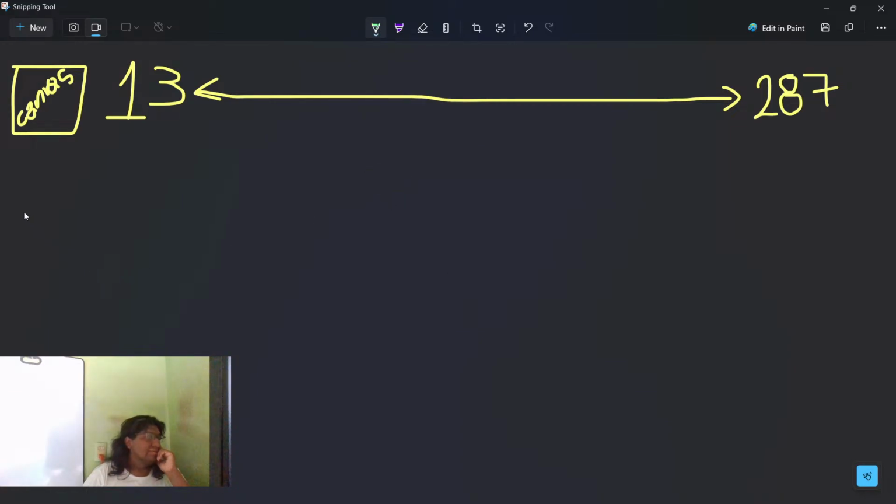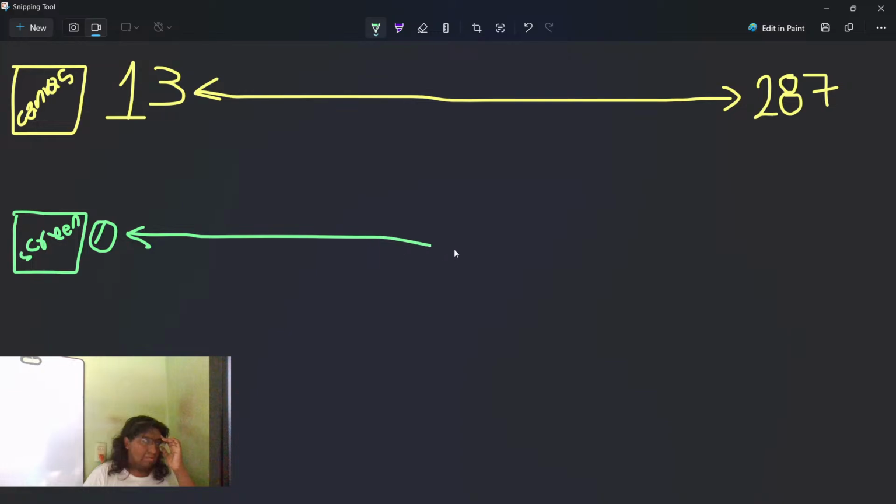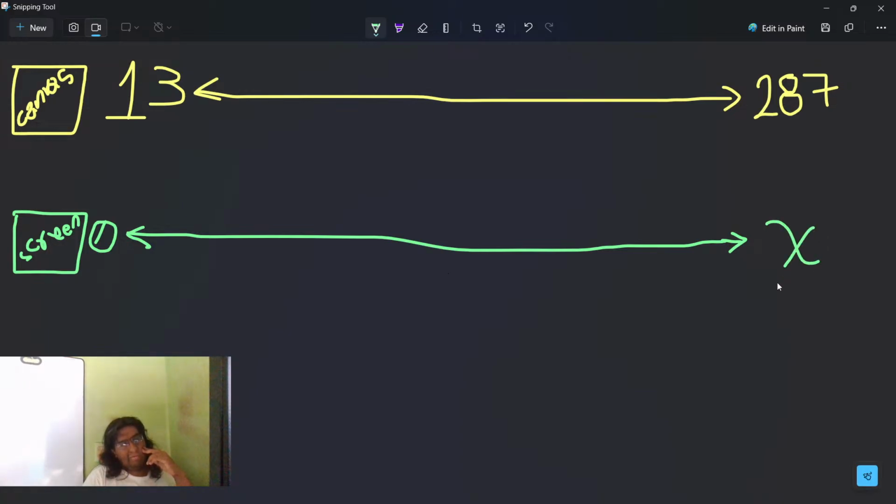And for the screen, 0 to X, which is some screen length because you saw that it varies from device to device.